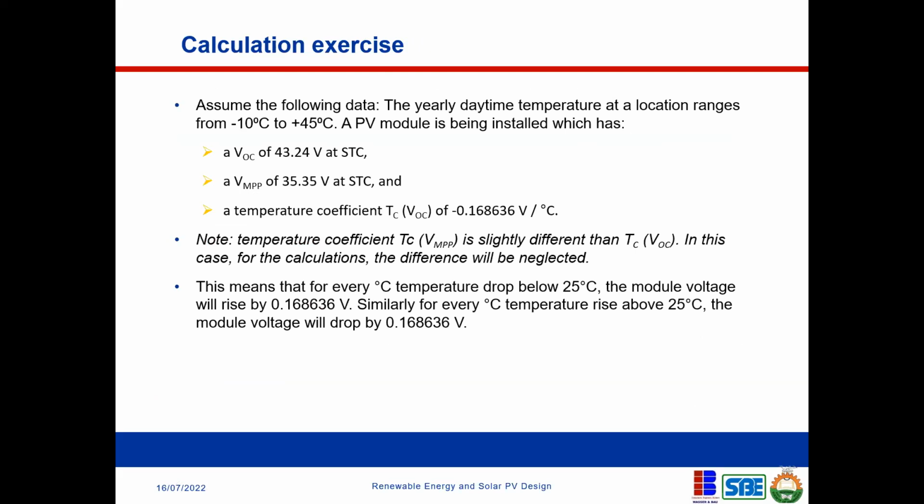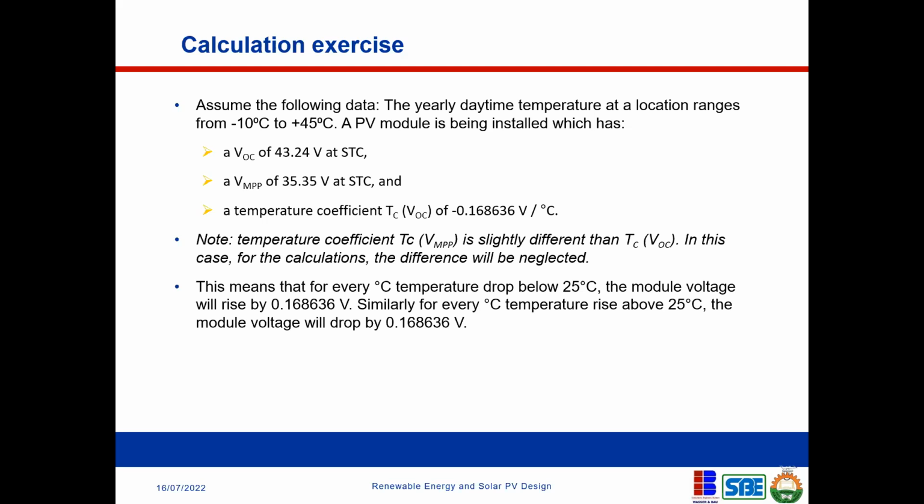So this is just a simple way we can do some of these calculations. I don't want to spend so much time. If you understand what the VOC means and the VMPPT means and every other thing, if you understand how they relate, you can easily do any calculation that comes along with this. So let me just explain this. Assume the following data. The yearly daytime temperature at a location ranges from minus 10 degrees centigrade to 45 degrees centigrade.